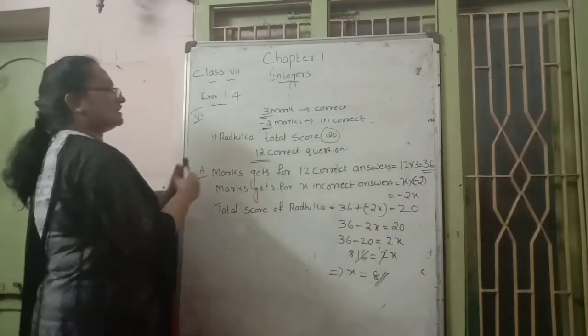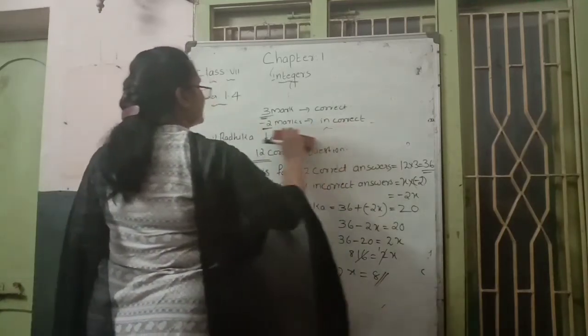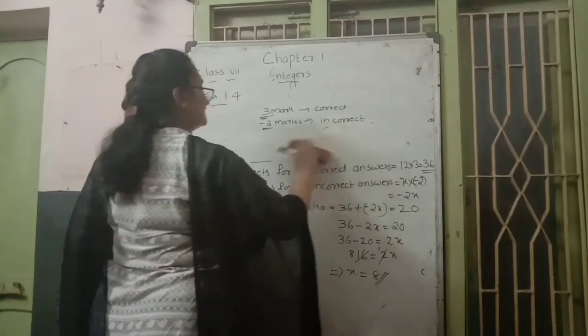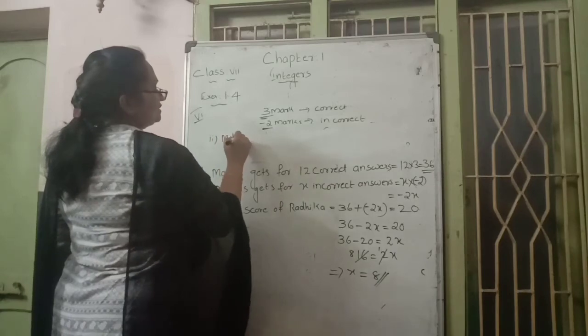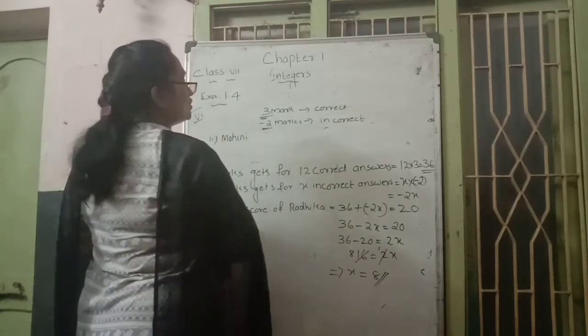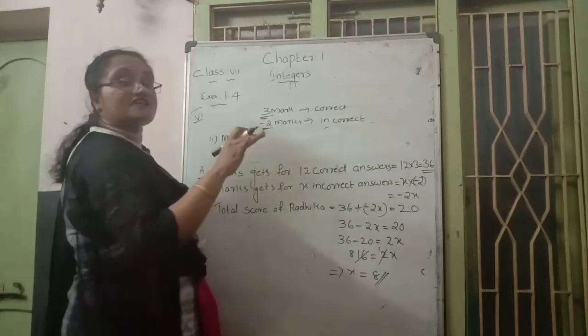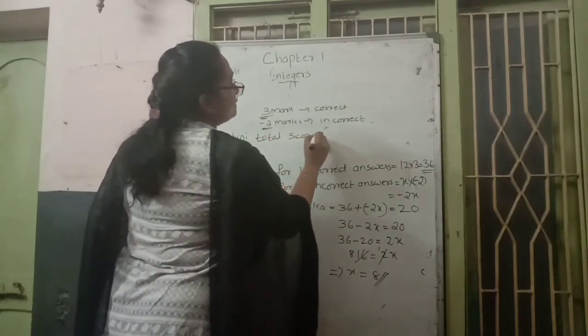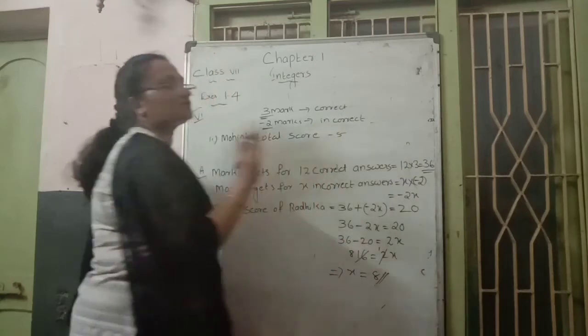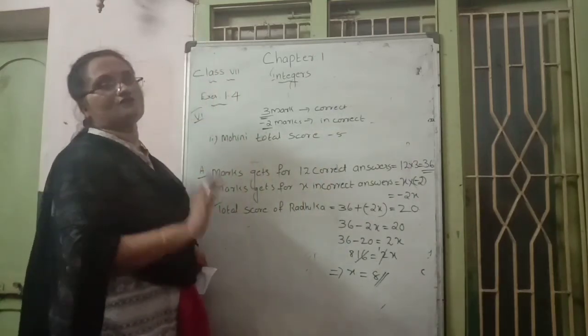Now the second part is about another girl, whose name is Mohini. In Mohini's case, her total score is given as minus 5. She got a total mark of minus 5 only.